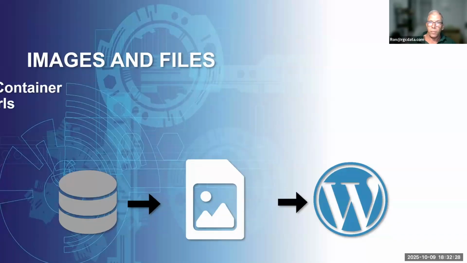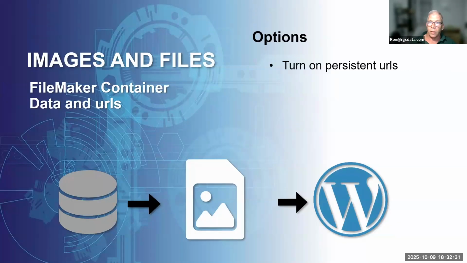And out of the box, you cannot just take that URL and pull up an image. It will not work. You will not be able to show that image in a page.